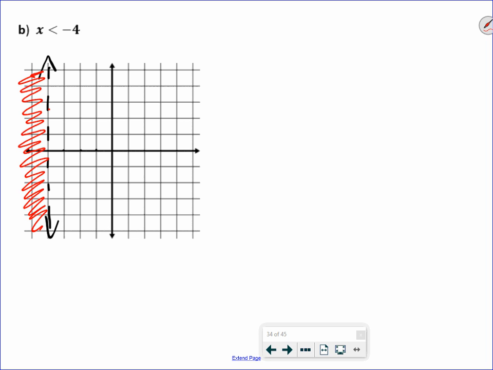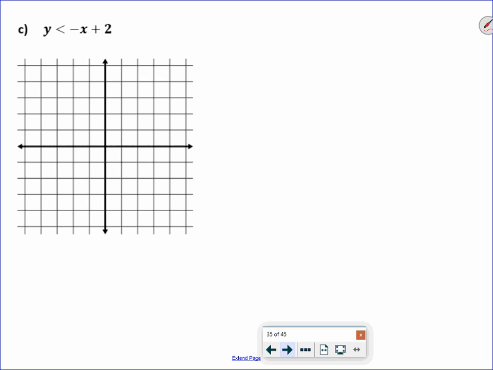And there's your graph. For C, once again, slope is -1, y-intercept is 2. Dotted line, because y is less than, and since y is less than, we're shading down.